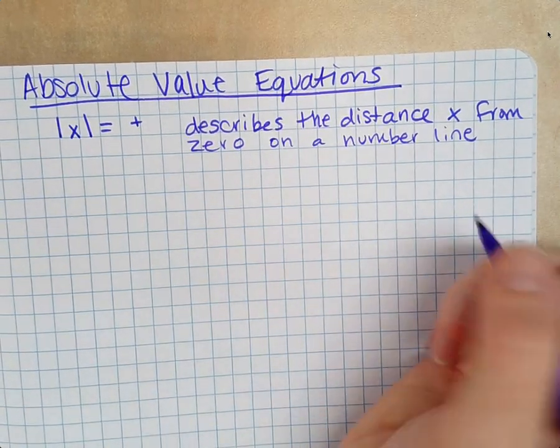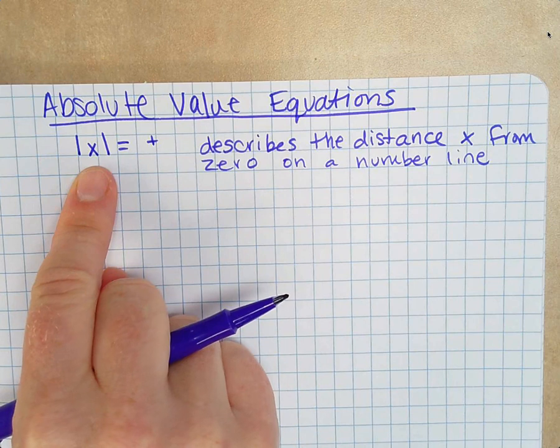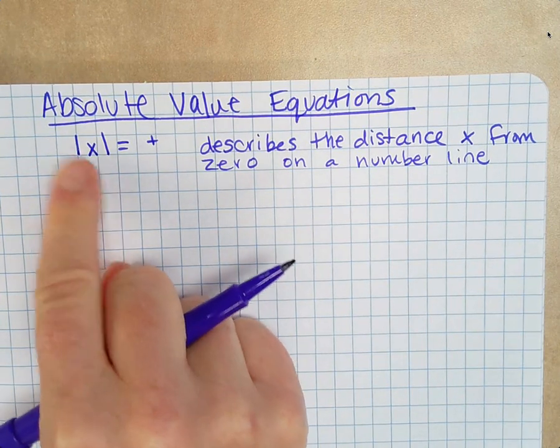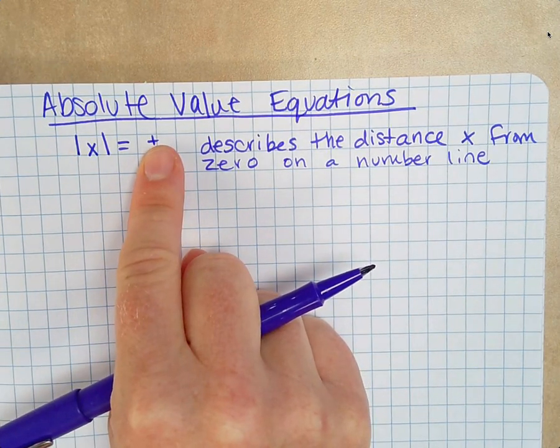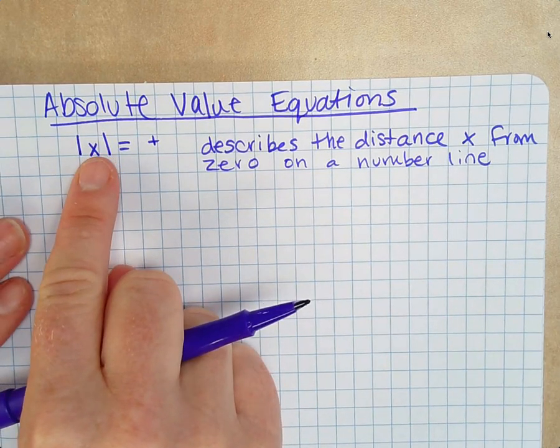When we solve absolute value equations, what's inside here could be positive or it could be negative, because our outcome is always positive. But x could be positive or it could be negative.